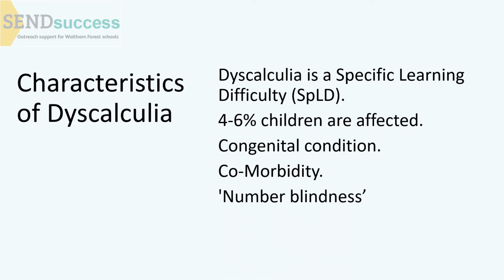Number blindness, or a lack of number sense, is often used to describe dyscalculia. It's a difficulty with understanding simple mathematical problems that can also play out in daily life. Dyscalculia is not something we can cure, but there are strategies that can be learned to overcome some of the difficulties.